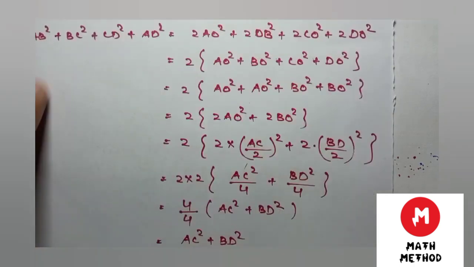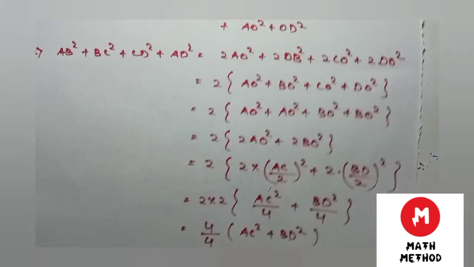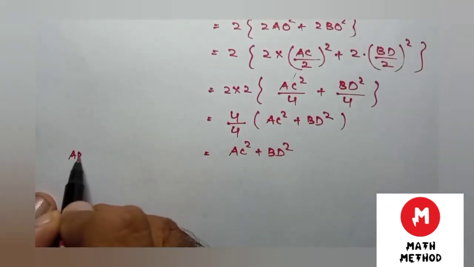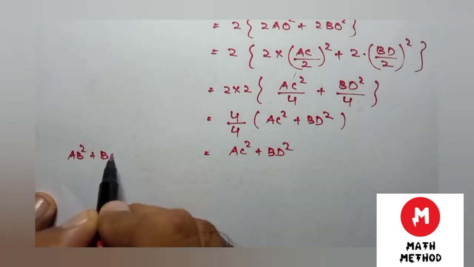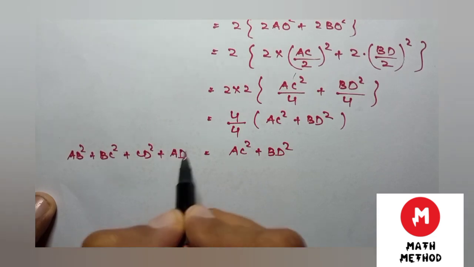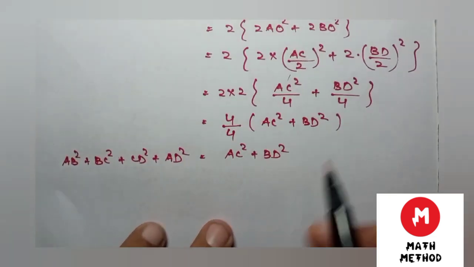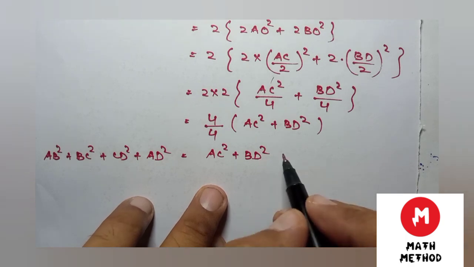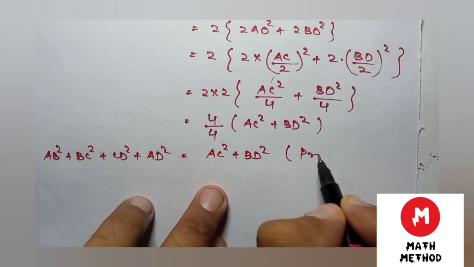This is our RHS. Here LHS is AB square plus BC square plus CD square plus AD square, which is equal to AC square plus BD square, the sum of squares of diagonals of a rhombus, which is proved.